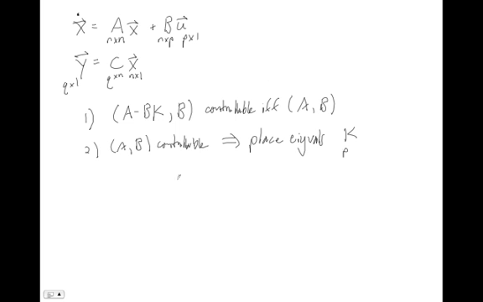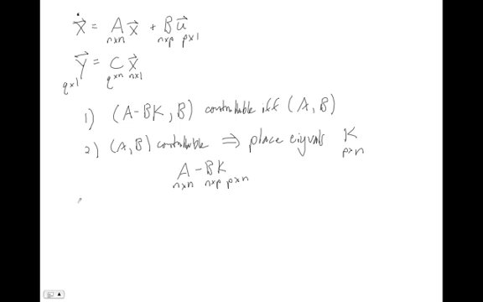If I have A minus BK, and A is n by n, then this BK must be n by n to make the dimensions work. B is n by p, so K must now be a p by n matrix. So it's still true, I can place the eigenvalues wherever I want using this p by n K matrix.